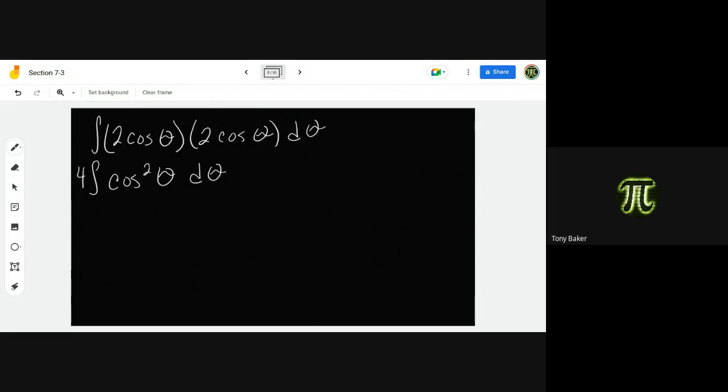Now, what was the identity we used last class for cosine squared theta? Half plus half cosine 2 theta.